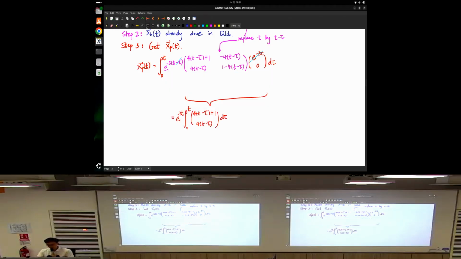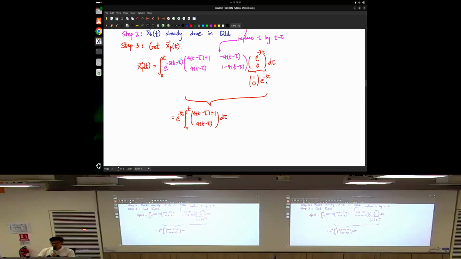Hold on. Okay, wait, let me write one more step. So you see this is e to the minus 3 tau. But what is this? This is e to the minus 3 tau times 1, 0. Okay, hold on. Let me just make the e to the minus 3 tau outside. I mean behind, so it's easier to write. So this is times 1, 0. Correct or not? It's like that, right?